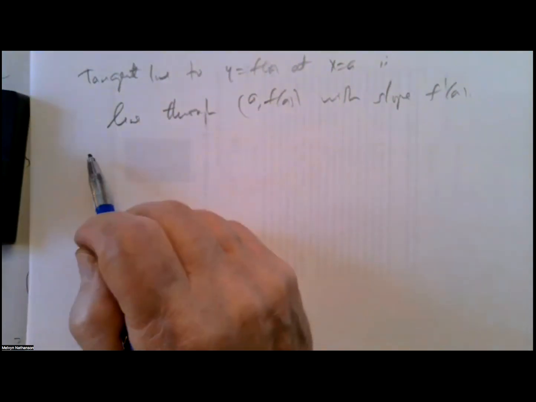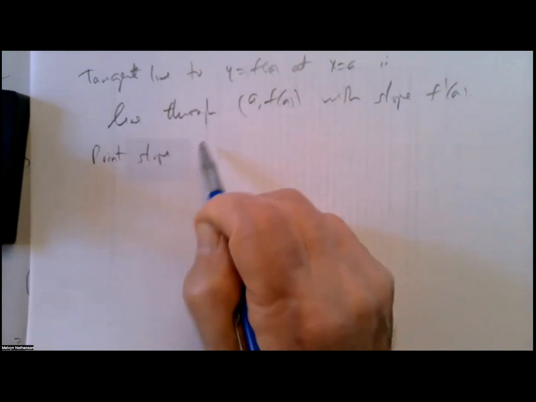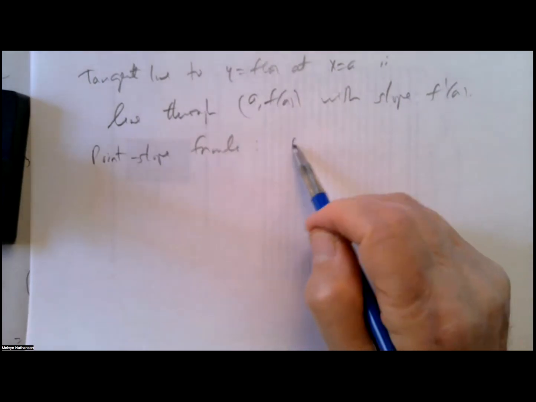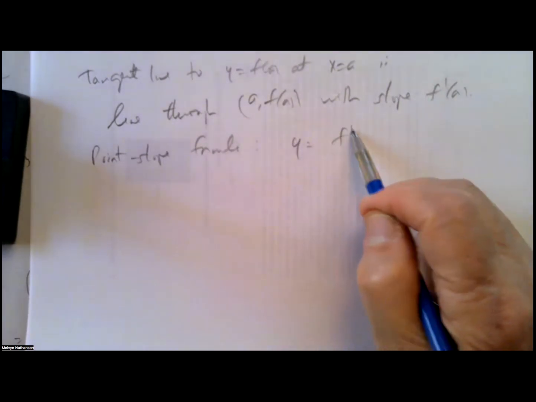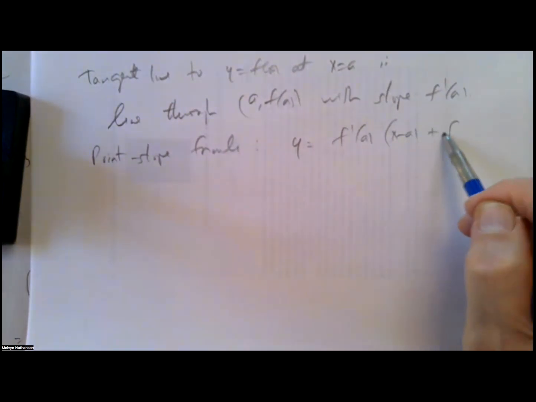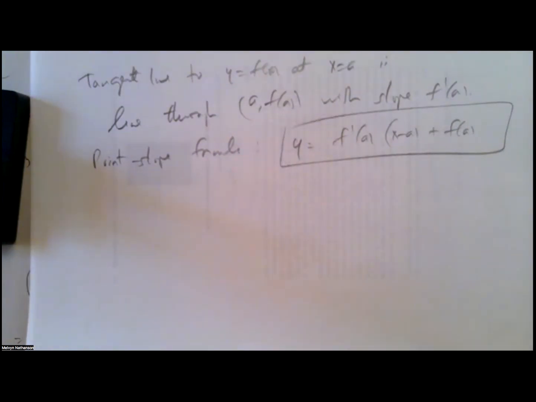So we use the point slope formula for a line, we get y is equal to the slope f prime of a times x minus a plus f of a, right?